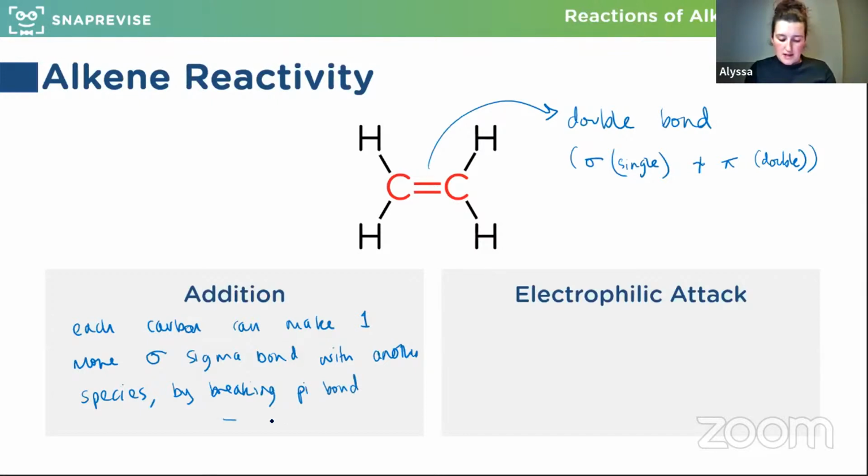This is an addition reaction. Our double bond opens up, it breaks, so that we have two extra species, atoms, or groups attached to our molecule, one to each carbon. Oh, that was a rubbish sigma. Hopefully your sigmas look better than mine.